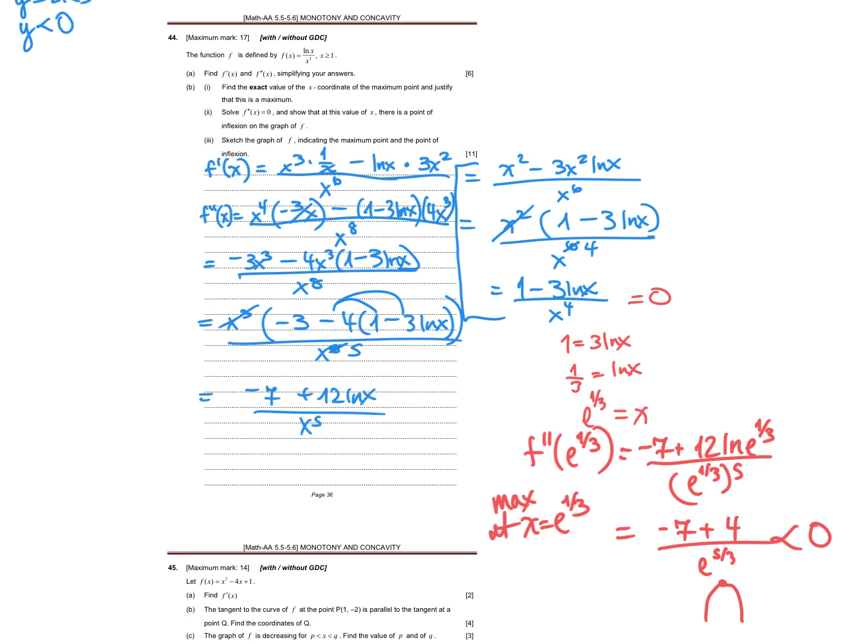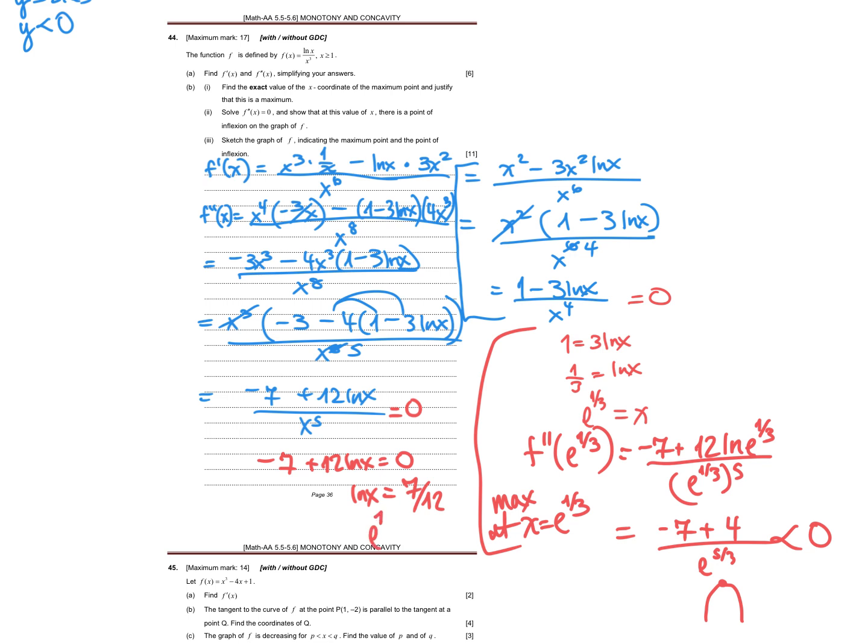So that's done. Solve the second derivative equal to 0. So we cross multiply by x to the 5th, and we have negative 7 plus 12 natural log x is 0. And then we'll have natural log x equals 7 over 12.